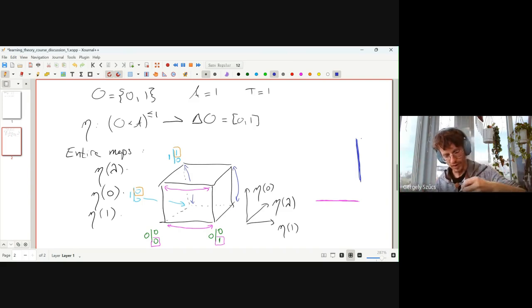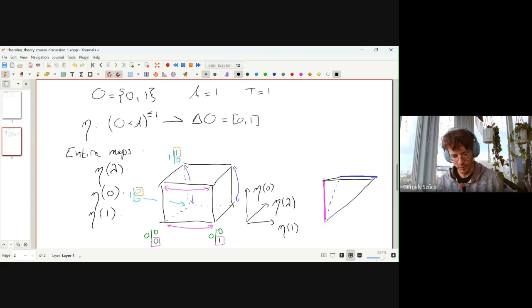Actually, I should have drawn this the other way around. We collapse the front to just specifying this axis of what happens when we observe 0, and the back we specify what happens when the observation was 1, and then basically the rest of the cube stays the same, so we can complete this, and we end up with this space, which is a tetrahedron. Does this picture make sense to people?